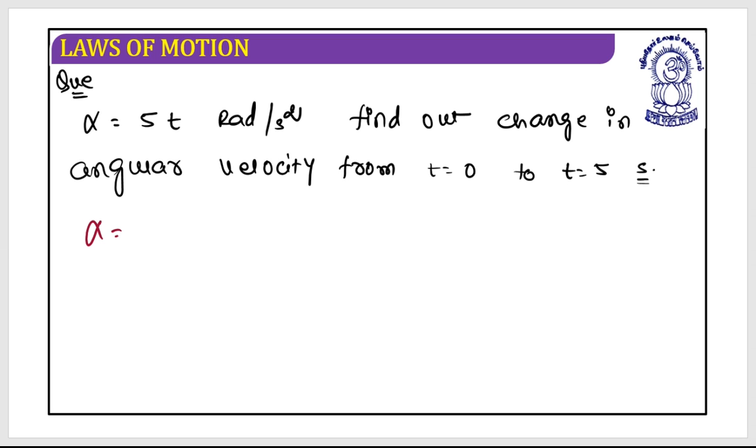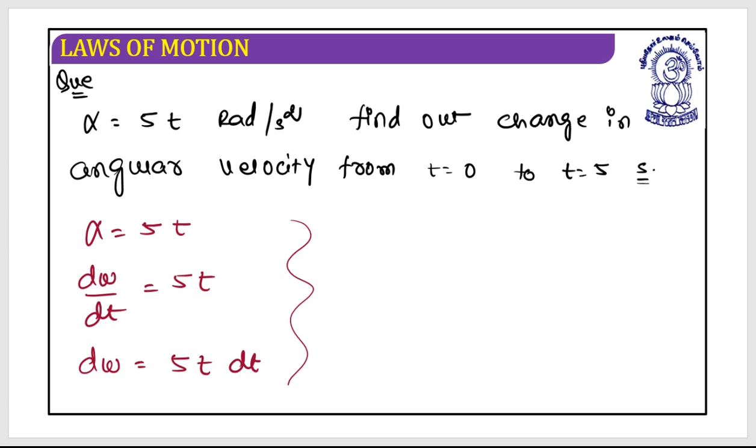So alpha is given, that is equal to 5t. It's d omega by dt, that should be equal to 5 into t. So d omega could be written as 5t dt. When this has been written, I can have integration of d omega equals integration of 5t dt. This is the change in angular velocity, that is what I require. It's from 0 to 5.